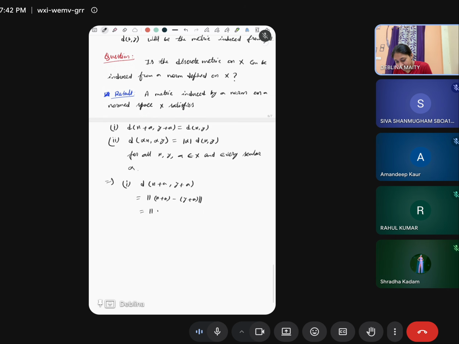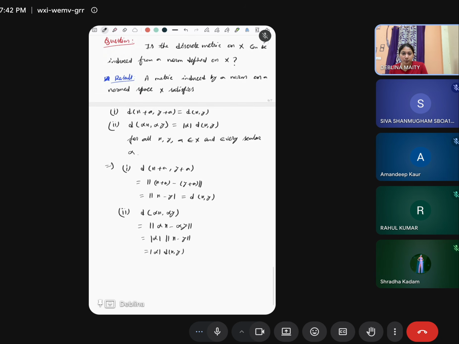It is nothing but the norm of x minus y, which equals d(x, y). So the first one is proved. For the second one, d(alpha x, alpha y) equals the norm of alpha x minus alpha y, and since alpha is a scalar, it will be mod alpha times the norm of x minus y, which is mod alpha d(x, y). So this result is proved.